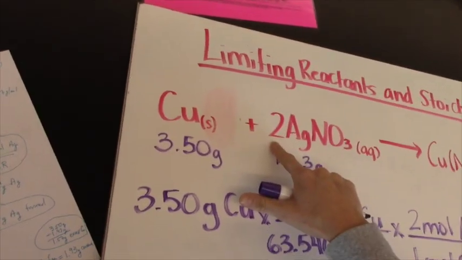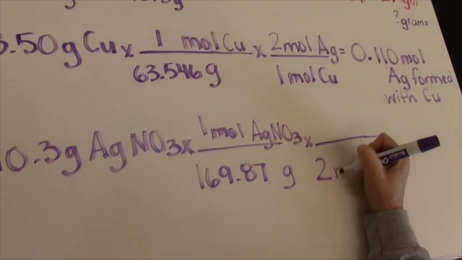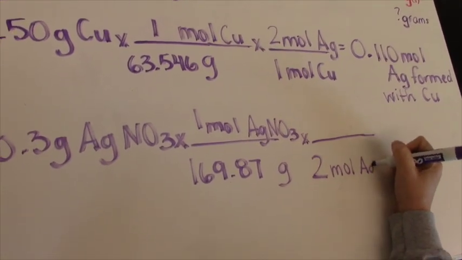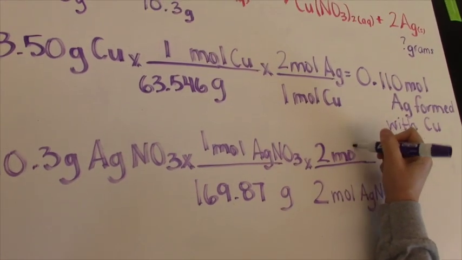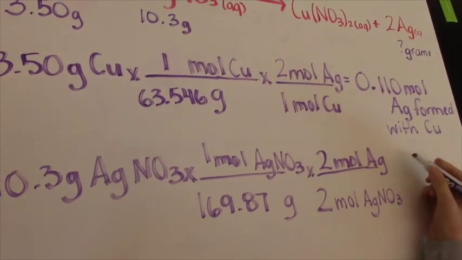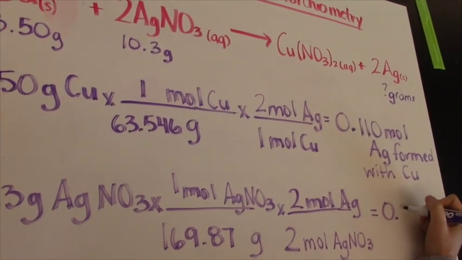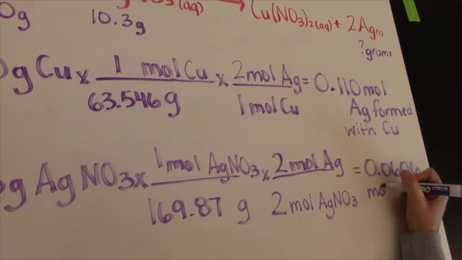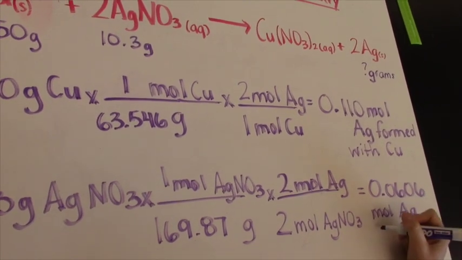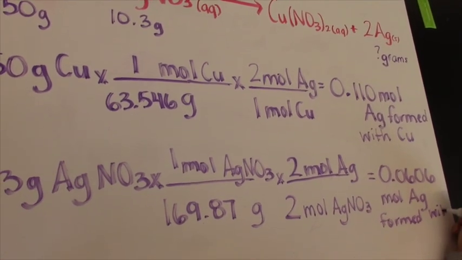And you can see that I've got a 2:2 ratio of silver nitrate to silver. So that's what's going to go into my conversion factor here. Now I could reduce that to a 1:1, but I really preferentially would like to see both of the numbers coming from the balanced equation. And if you do the calculation, you'll find that you only make 0.0606 moles of silver from the mass of silver nitrate given.